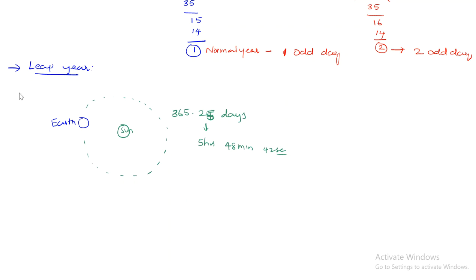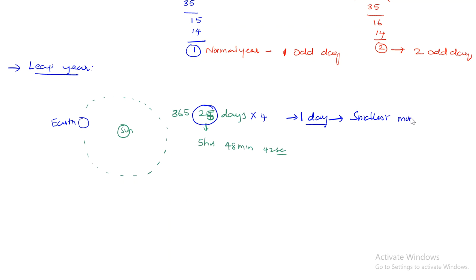Now, in order to avoid this fraction, we multiply it by 4 so that it is removed. 0.25 times 4 gives one extra day. That day will be added in the smallest month of the year.